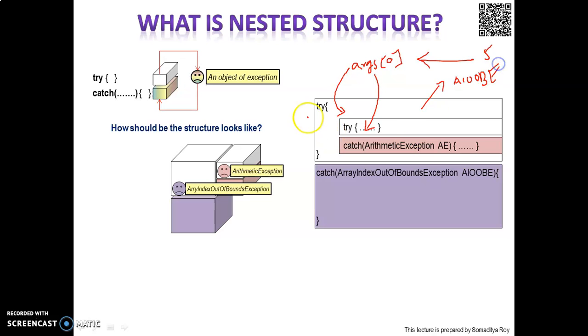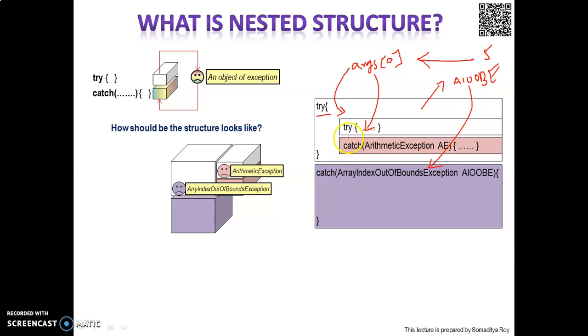To handle that exception, we bring another catch block for this outer try block, and now this catch block is able to handle that exception because it takes an object of array index out of bound exception as a parameter.